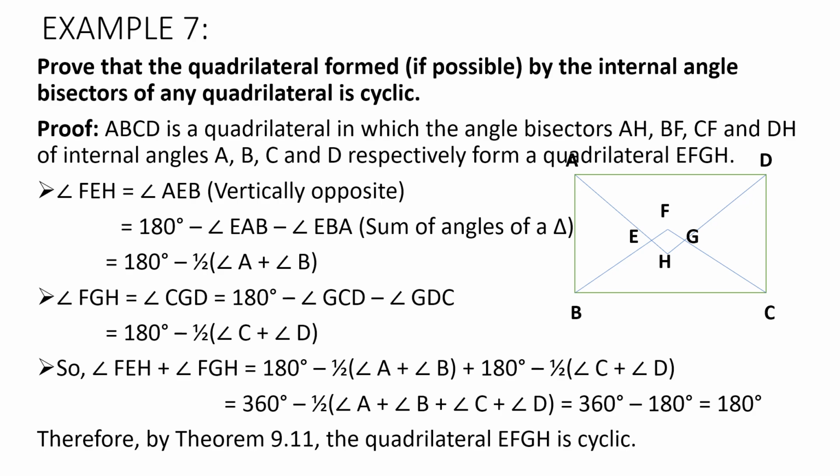So this is equal to 360 degrees minus half of the sum of all four angles. But we know the sum of all four angles is 360 degrees. So 360 by 2 is 180 degrees, and 360 minus 180 degrees is 180 degrees. Hence we have shown that the two opposite angles FEH and FGH sum to 180 degrees. Hence EFGH is a cyclic quadrilateral.